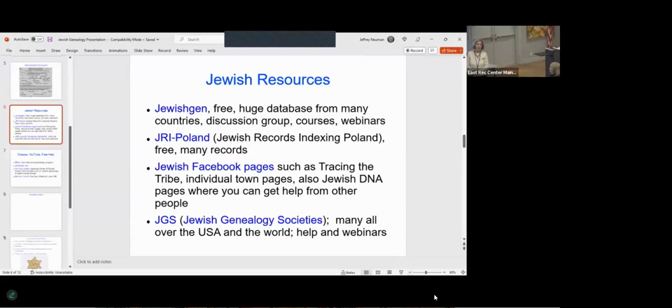So in other words, it's a list of all the people that were killed in various towns and communities. Yizkor is the prayer that was said for someone several times a year for people who died in Europe. They also give a lot of information about the town.